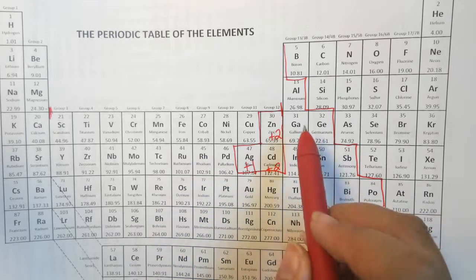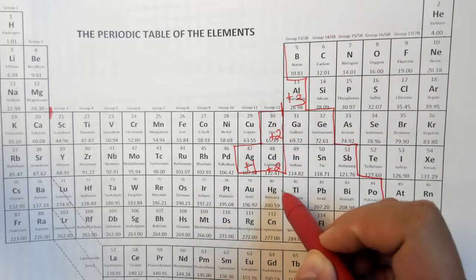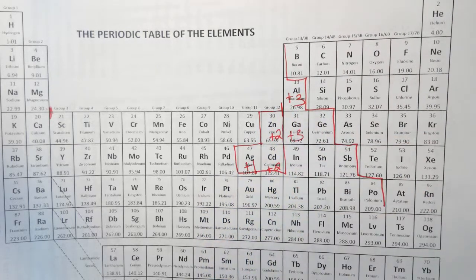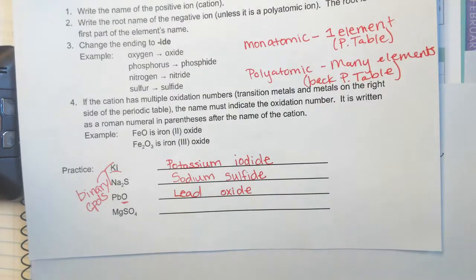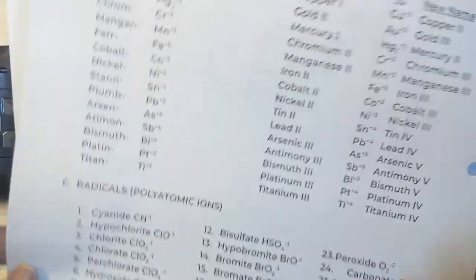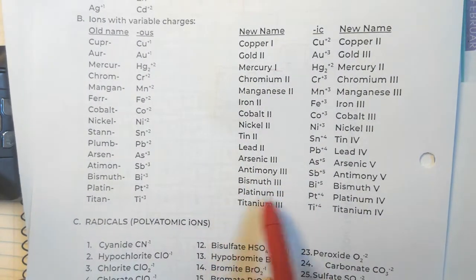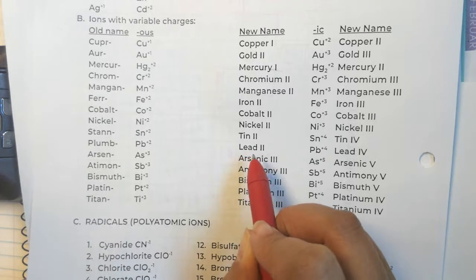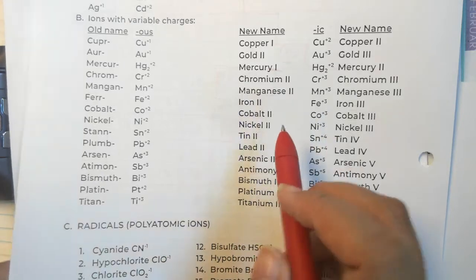Aluminum has a set amount. It's always +3. Okay, and gallium usually is a +3 as well. To be able to tell which one should have multiple oxidation states, I can look at the back of my periodic table. Okay, and I can see that titanium, platinum, bismuth, antimony, arsenic, and then all of these transition metals are going to have multiple oxidation states.